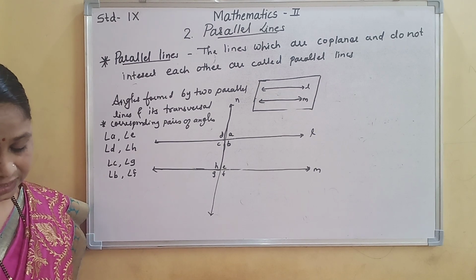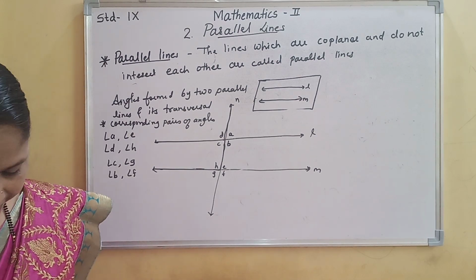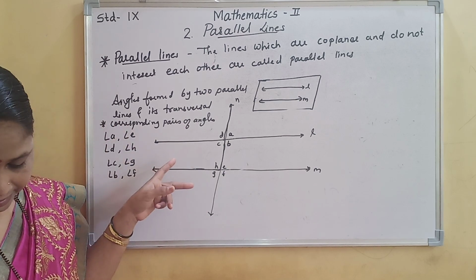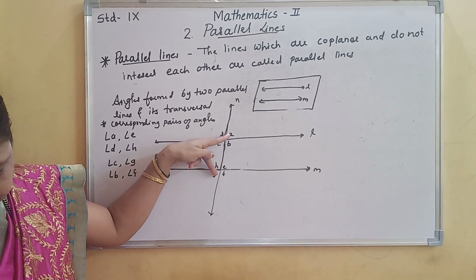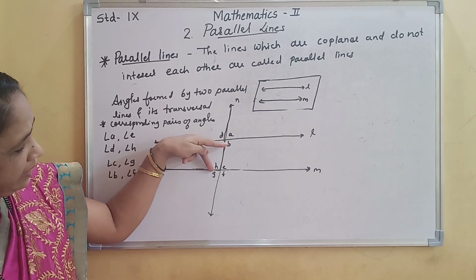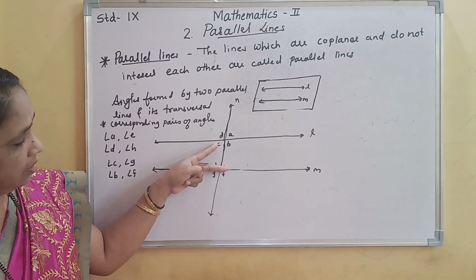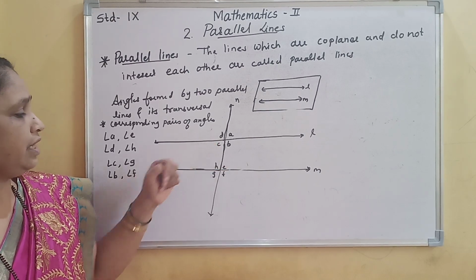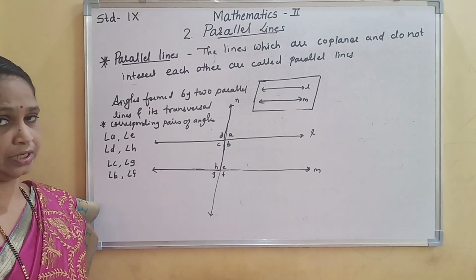And we have pairs of alternate exterior angles, that is A and G. These are alternate angles. Angle C and E, B and H are the alternate interior angles, and D and F are the alternate exterior angles.